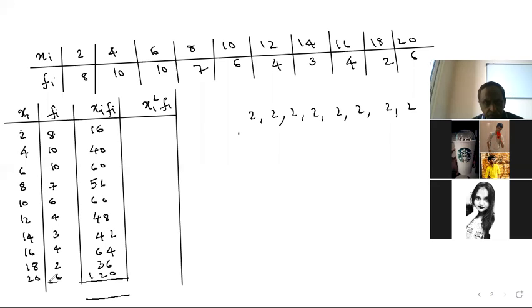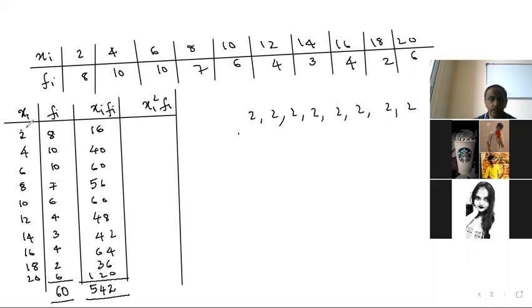Add these. You must also calculate the total number of observations. 2 is repeated 8 times, 4 is repeated 10 times, so the total is 8 plus 10 plus 10 plus 7 plus 6 plus 4 plus 3 and so on. Can you please calculate yourself? So sigma fi should be 60 and sigma xi fi should be 542.